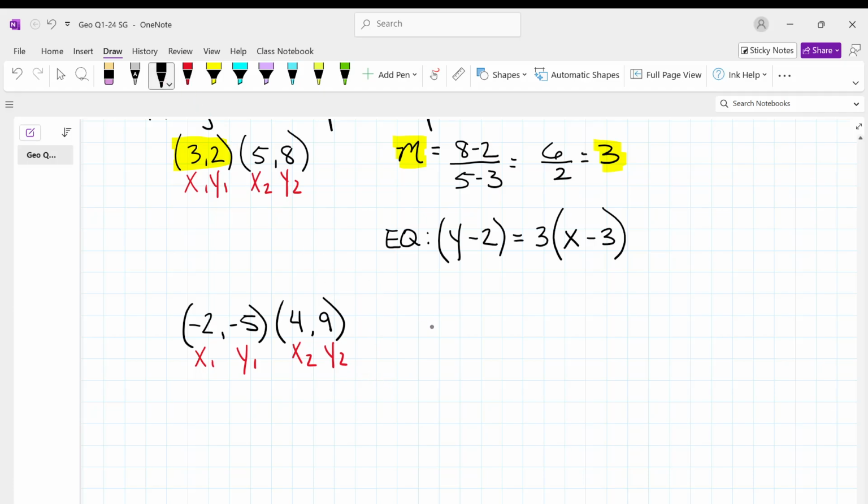Find your slope. So 9 minus negative 5 over 4 minus negative 2. 9 minus negative 5, that is a 14. 4 minus negative 2 is a 6. 14 over 6 simplifies to 7/3.